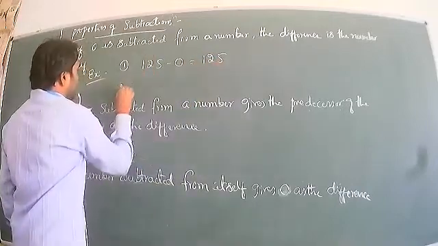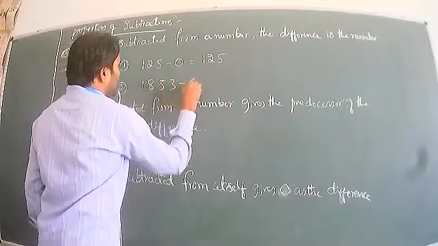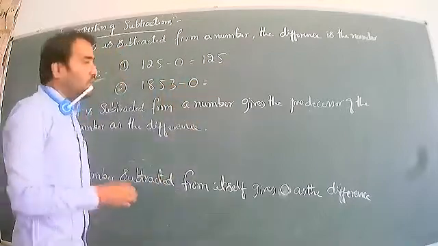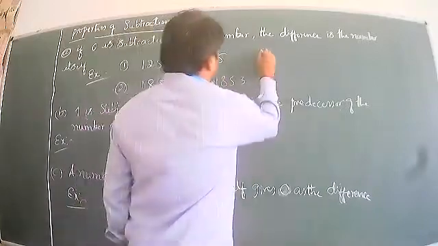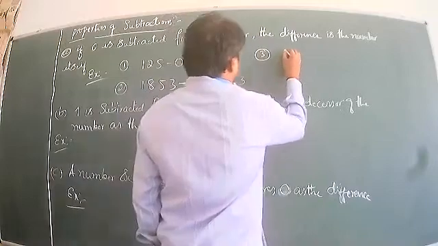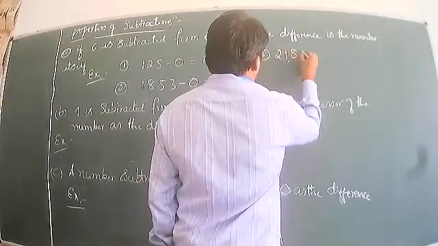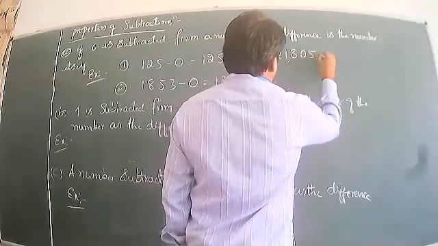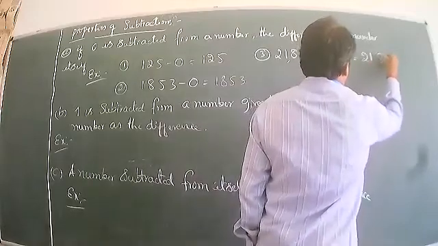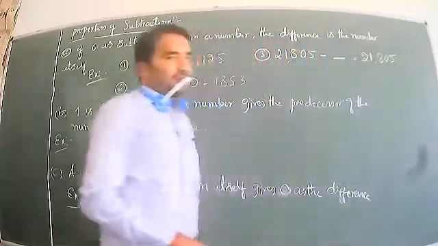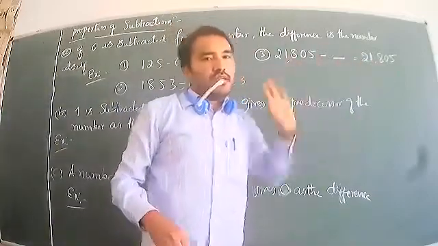Next, second one, 1853 minus 0. What is your answer? 1853. Third example, 21,805 minus 0, the answer is 21,805. This type of question will be asked.